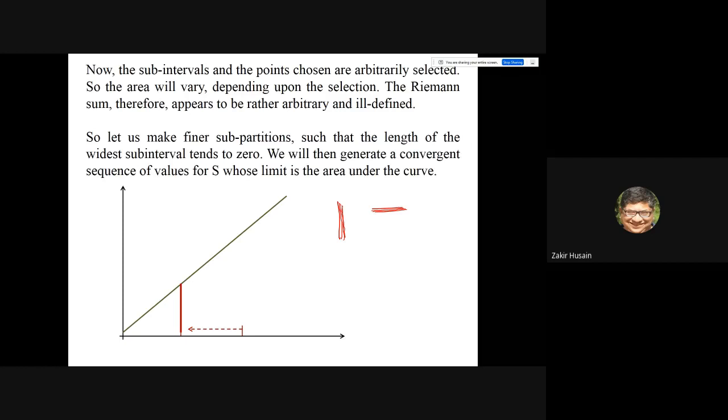Okay. So once we split up the interval into very fine subintervals with lengths tending to 0, we are going to get a fairly accurate measure of the area under the curve.